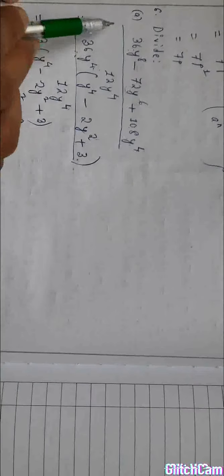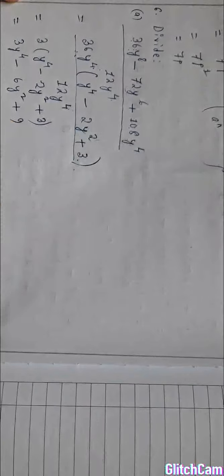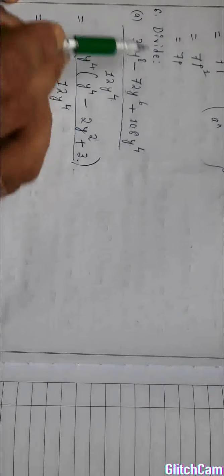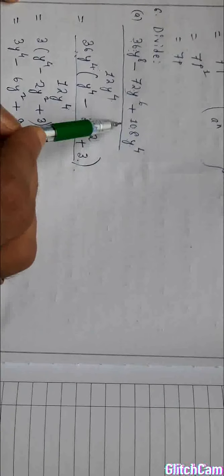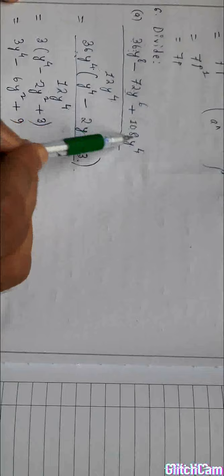Now let us see this divide one more time. The question is 36y to the power 8 minus 72y to the power 6 plus 108y to the power 4 divided by 12y to the power 4. So in the numerator we have three terms, first, second and third term. Out of these three terms, 36 is common to all the three terms, since 36 is a factor of 36, 72 and 108 also.